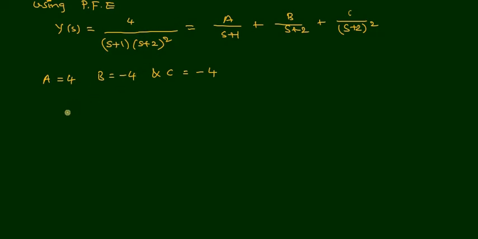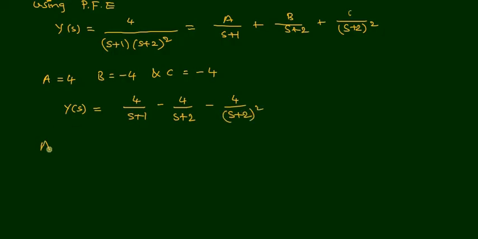Then Y(s) becomes 4/(s+1) minus 4/(s+2) minus 4/(s+2)².